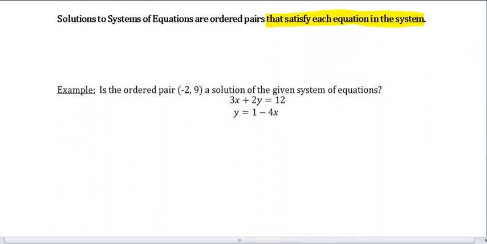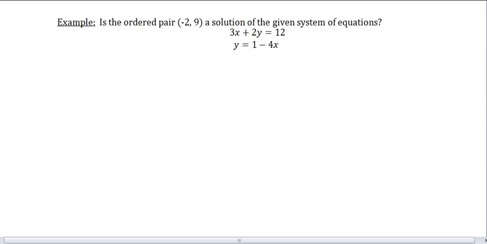Let's look at an example where we verify or determine if an ordered pair is a solution to a system of equations. In this example, it says, is the ordered pair negative 2, 9 a solution of the given system of equations? I have 3x plus 2y equals 12 and y equals 1 minus 4x. Some people may be able to just look at it, but I'm going to substitute my x and my y into both of these equations and see if the equation remains true.